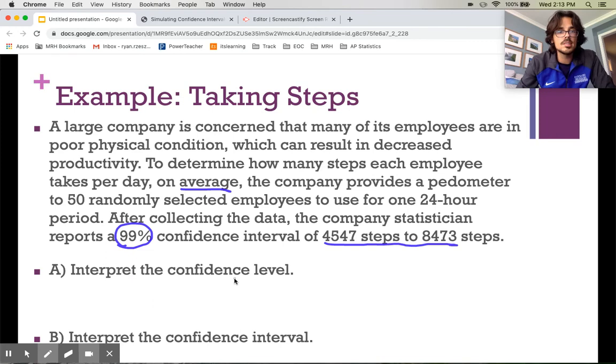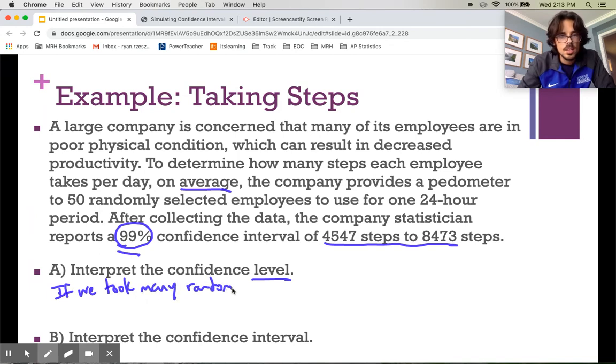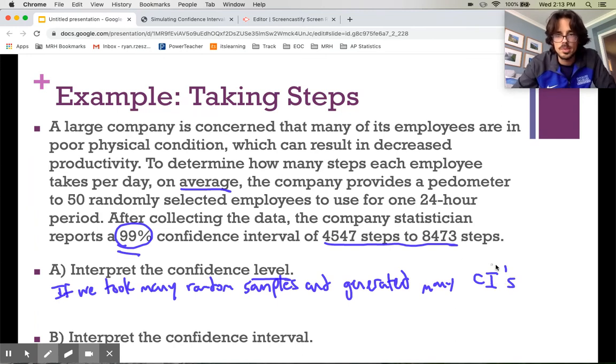The first thing they ask us to do is interpret the confidence level. The level is the percentage. It's the 99%. So if we took many random samples and generated many confidence intervals, CI is an appropriate abbreviation for confidence interval that you can use.